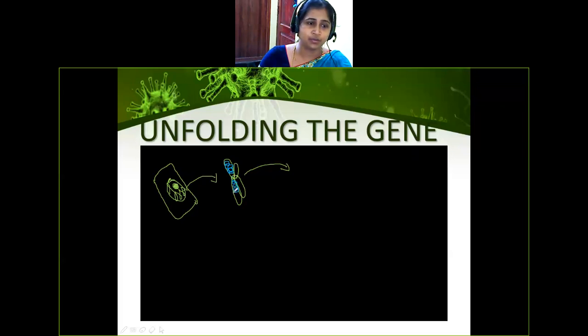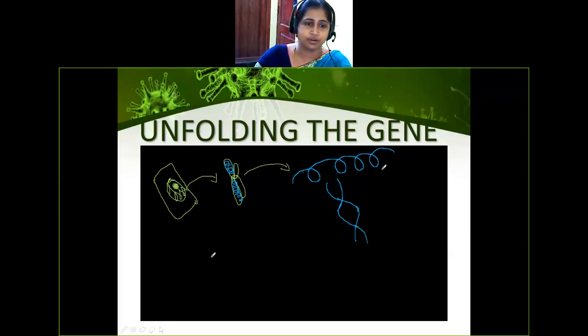I'm just drawing in one arm. It will be present in both the arms. And this DNA, I'm going to pull it out. The coil structure will look like this. The actual structure is a double helical structure when you observe under a microscope. The unwound structure will look like this.